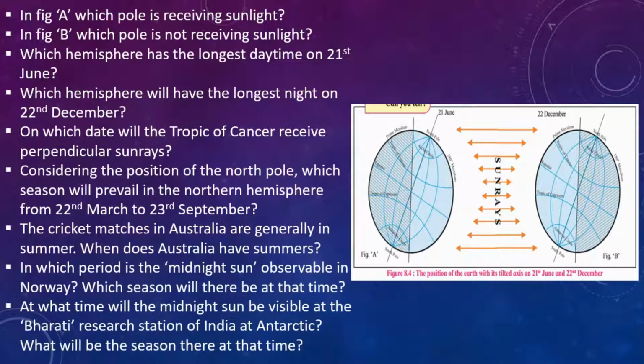Here also, northern hemisphere will have the longest night on 22nd December. Next question, on which date will the Tropic of Cancer receive perpendicular rays? So the Tropic of Cancer will receive perpendicular rays on 21st June.